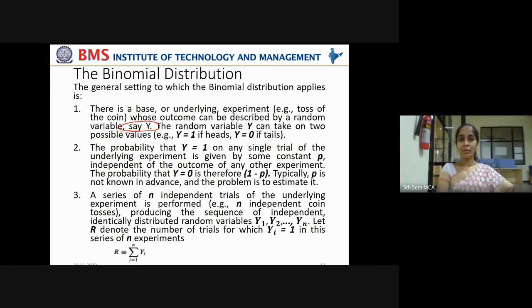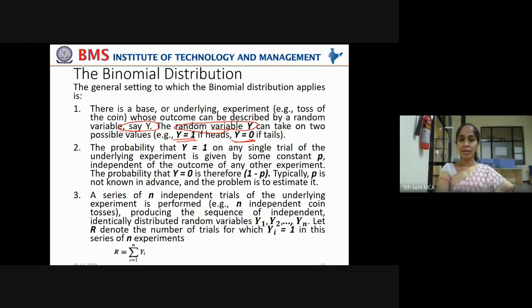If getting a head is 1 and getting a tail is 0, then the chance of y taking head is 50%, and y taking tail is 50%, right? So it is unpredictable until you get the outcome. That is why we call y a random variable, which can take two possible values, 1 or 0, head or tail.